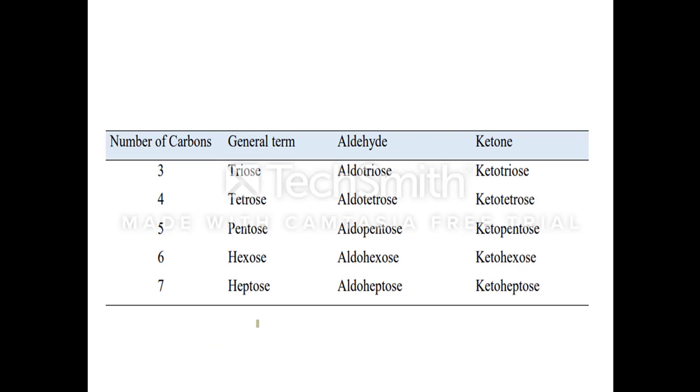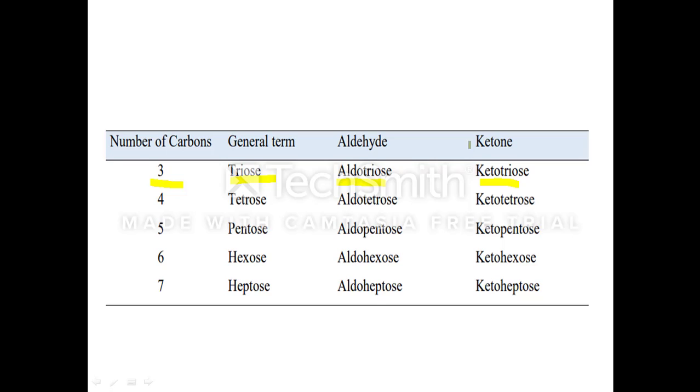Now we'll see the classification of monosaccharides based on the number of carbon atoms. If the sugar has 3 carbon atoms, it is called a triose. If it has the aldehyde as the functional group, it is termed aldotriose. If it has the ketone, it is called ketotriose.